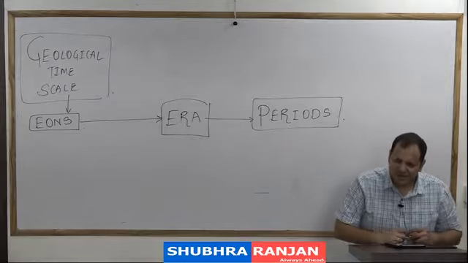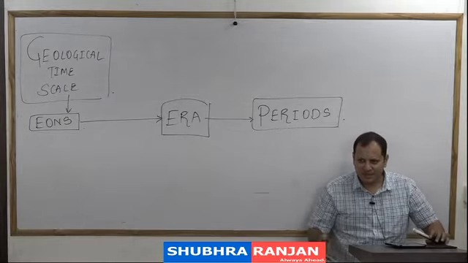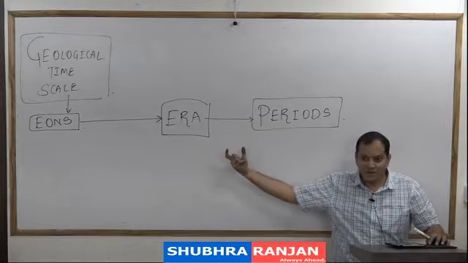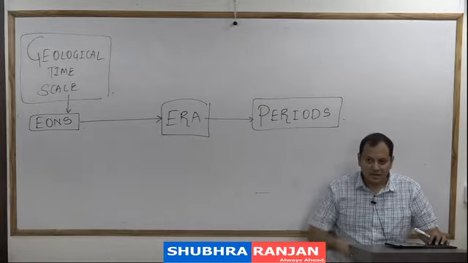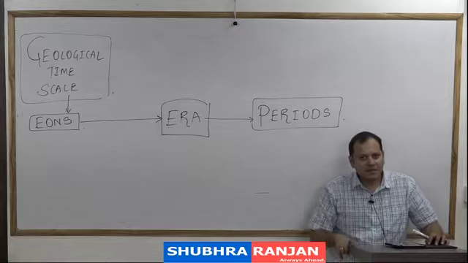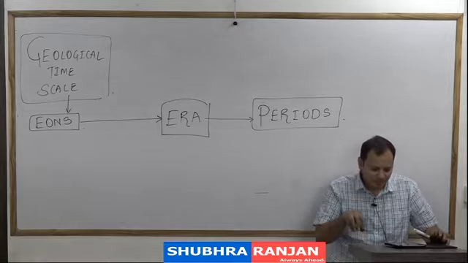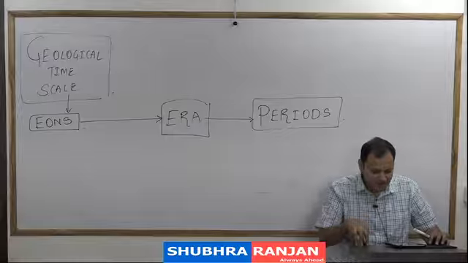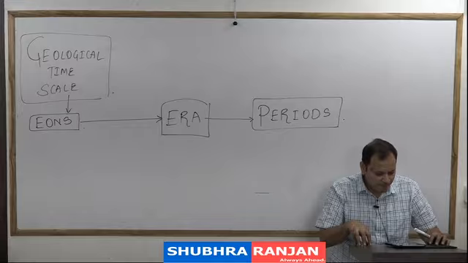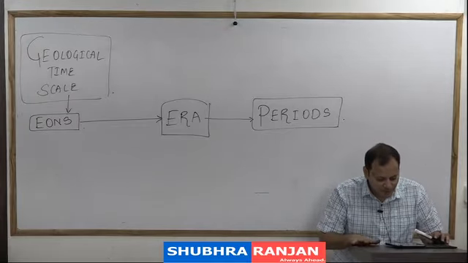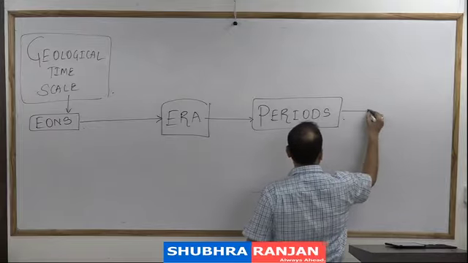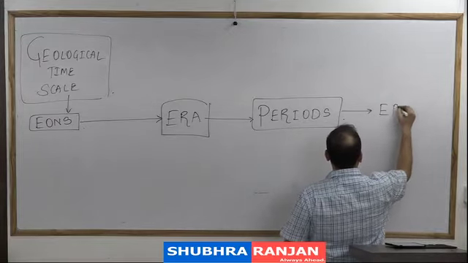We will come to this word again and again: Cretaceous period, tertiary period, we used it just yesterday. So the tertiary period is a small subdivision of an era. The periods have further subdivisions which are known as epochs.